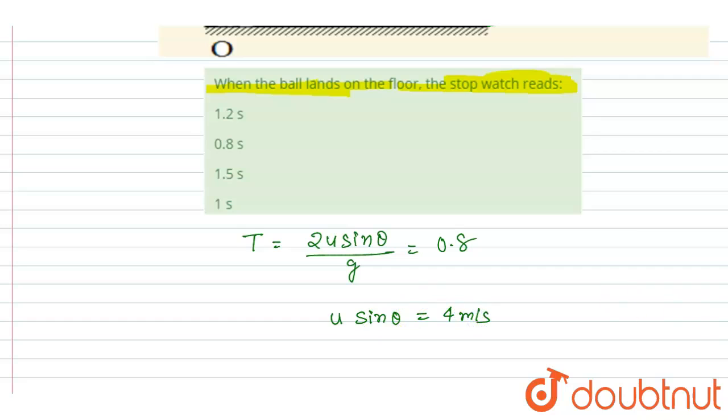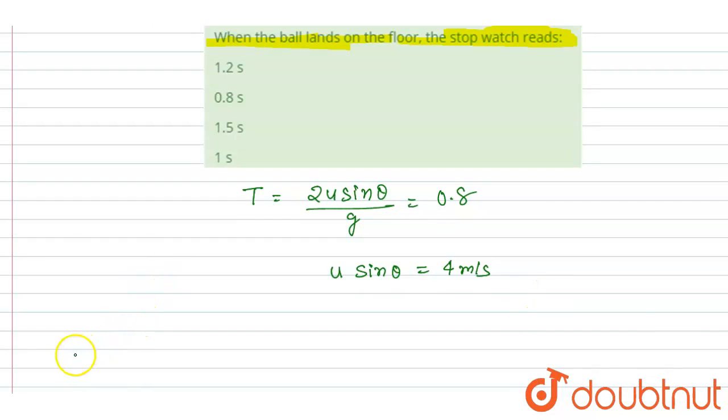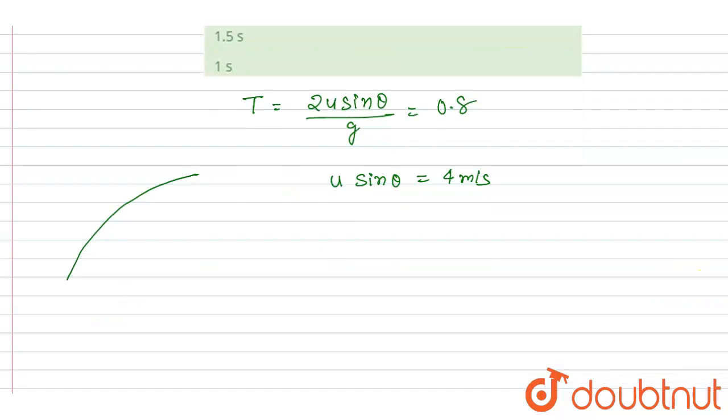Now, how much time will it take to reach the highest point, and what will be its maximum height from the point of projection? We already know from symmetry it will take half of the time of flight, that is 0.4 seconds.